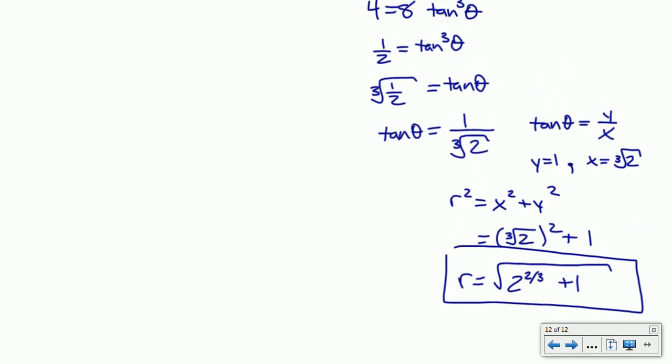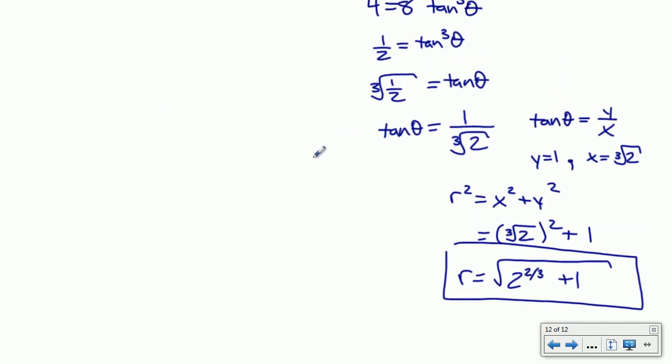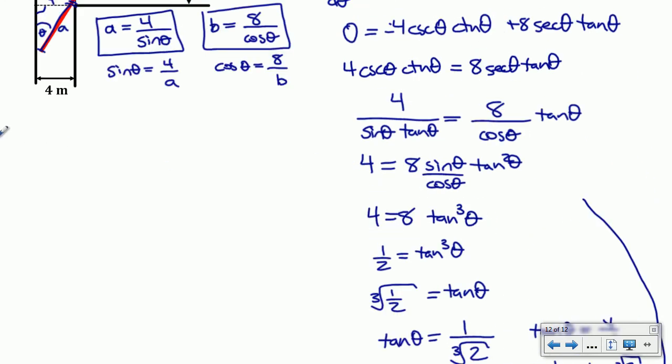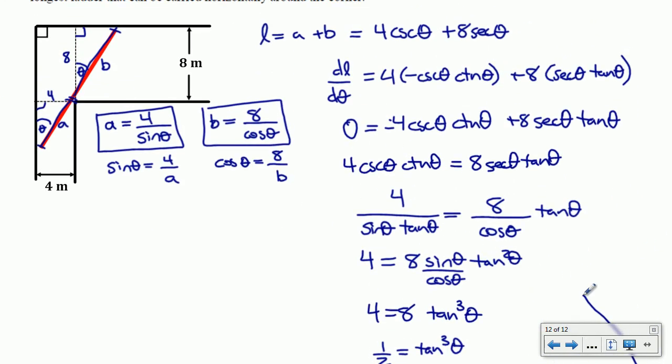And we're going to go, because we need to figure out the length L, we're going to sub this in up here, wherever L is, all the way up here, 4 cosec theta, 8 sec theta.